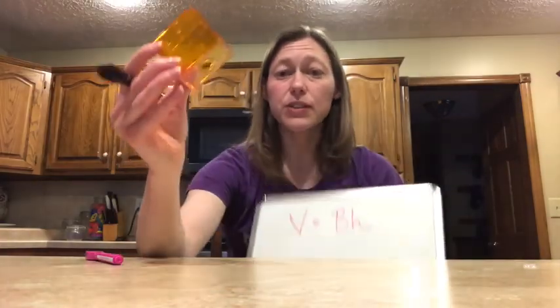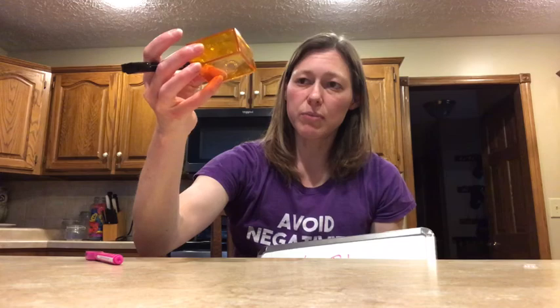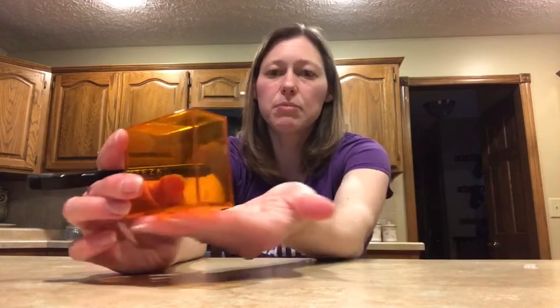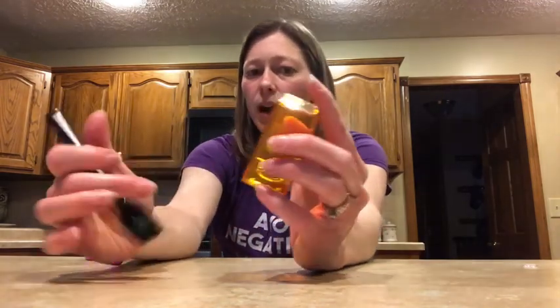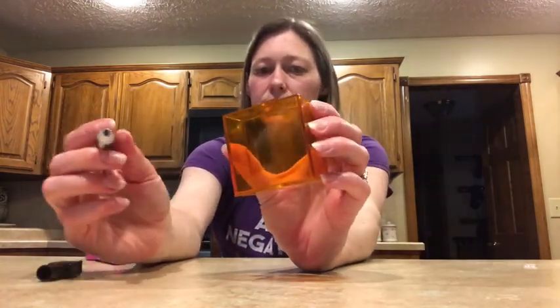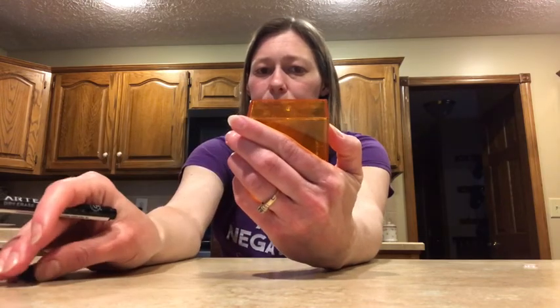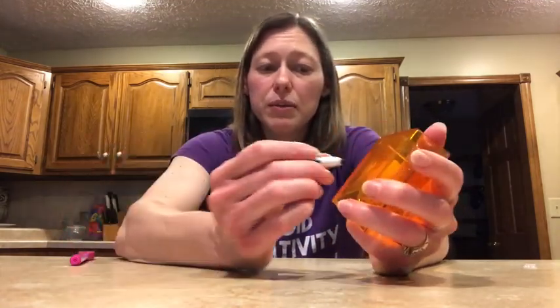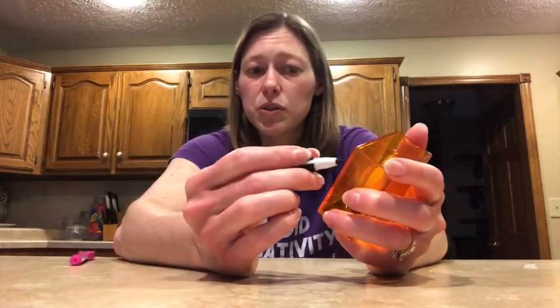So if I look at this rectangular prism, my base is going to be a rectangle, and in a rectangular prism, it doesn't matter which one I call the base. I'm gonna call this piece down here the base. These numbers are kind of made up just to show this.